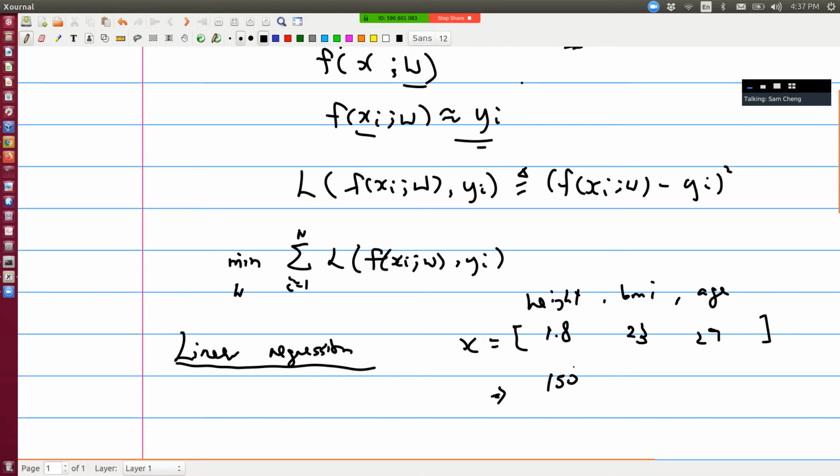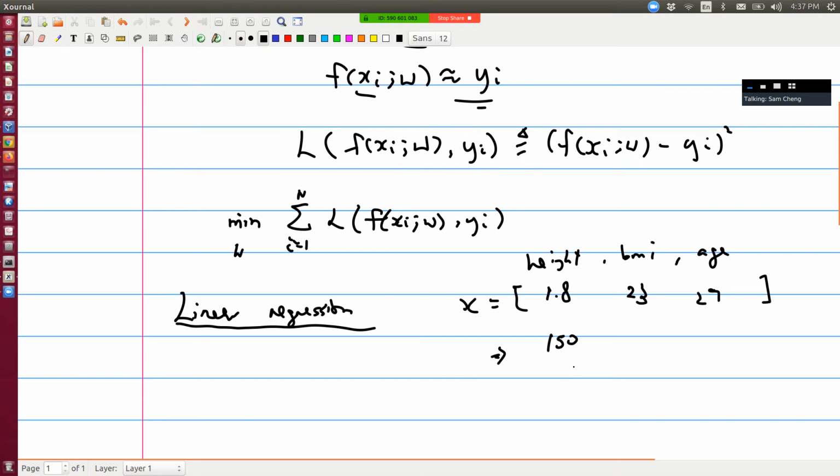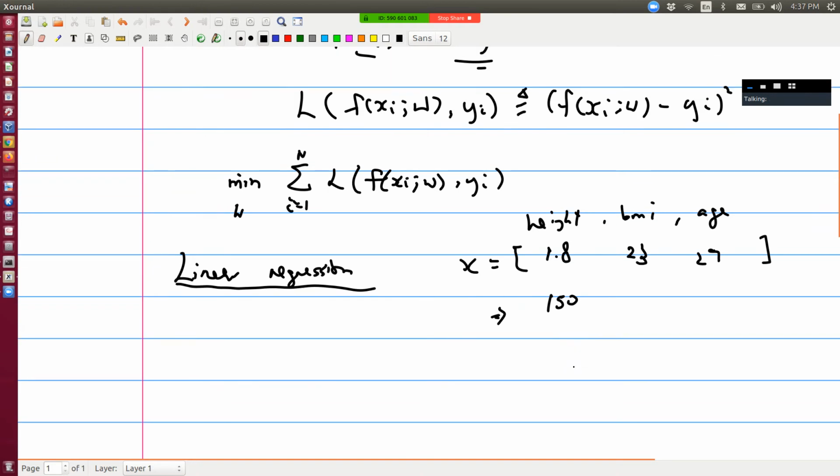Now what we can do is, of course we need to specify, this is x and this is y. What we want is a model parameterized by some w, such that with this x, the output is close to y, right?